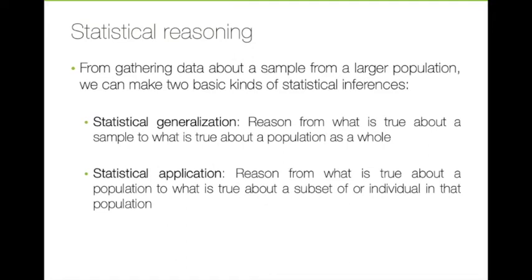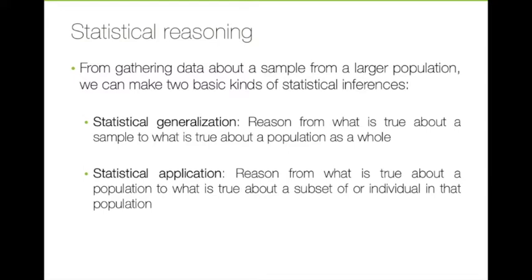Sometimes we find a quantifiable pattern in our observed instances. We might notice that a certain percentage of them have some feature. That's the starting place for 2 kinds of statistical inferences: statistical generalization and statistical application.